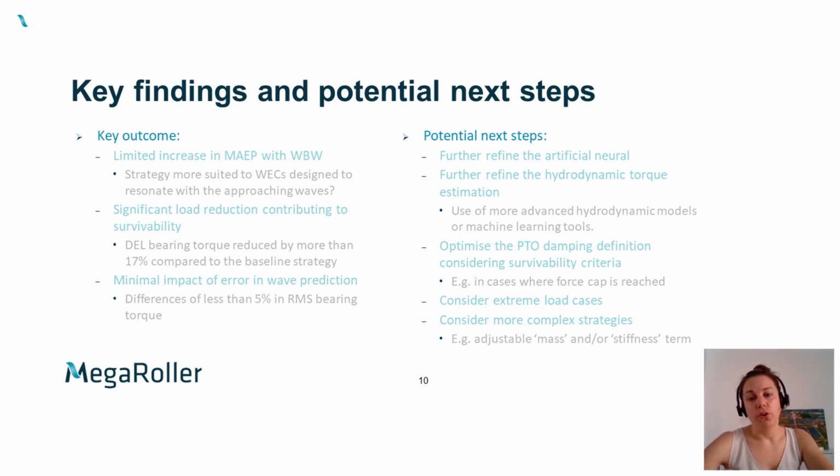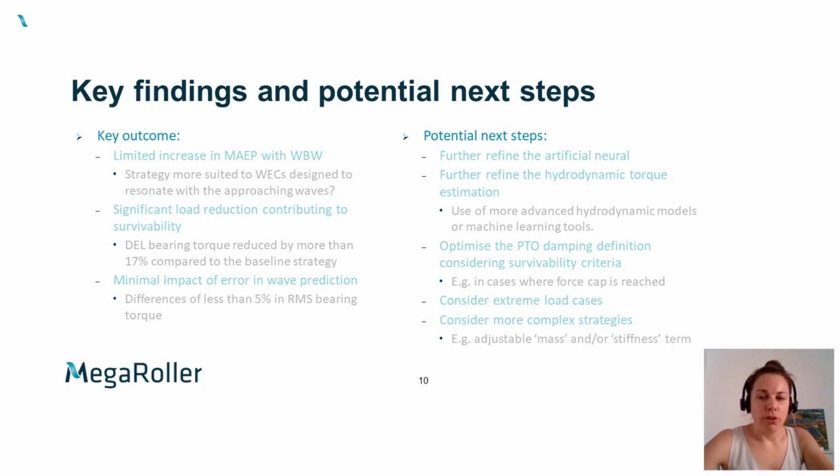This is possibly due to the characteristic of the MegaRoller WEC, which is not designed to resonate with the approaching waves. On the contrary, an asymmetrical PTO force split can significantly contribute to the survivability of the system when applied on a wave-by-wave basis. This may represent a potentially more suitable application of the wave-by-wave prediction tool.